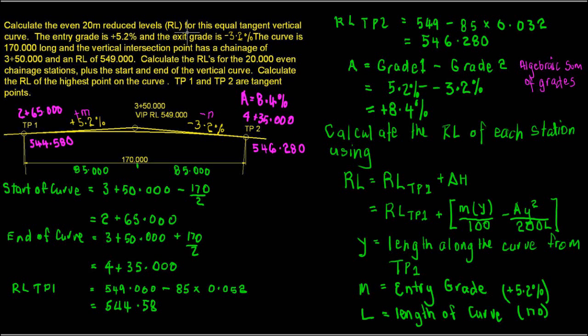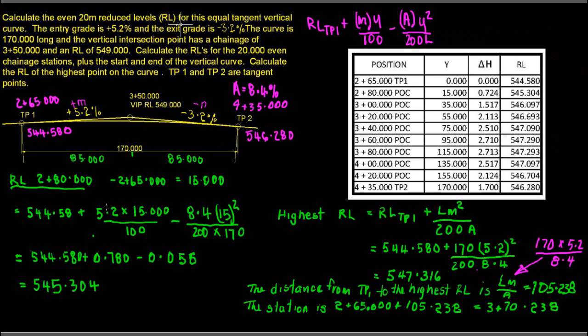So we now move along to the final sheet. The first RL that we want to work out would be the even one at 2 plus 80, which is 15 meters from TP1.